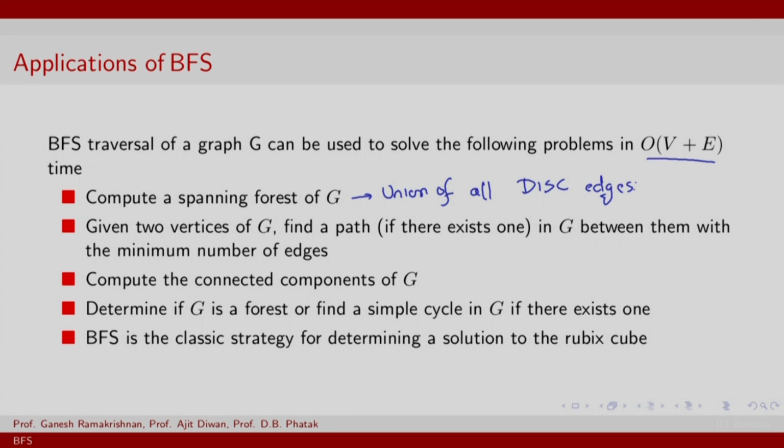Given two vertices of G, find a path, if there exists one in G between them, with the minimum number of edges. This basically means if you are looking at the two vertices u and v, then you just need to call BFS on G rooted at u, and d(v) is the length of that shortest path.